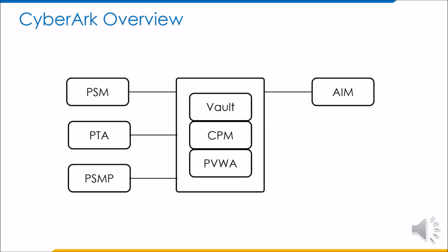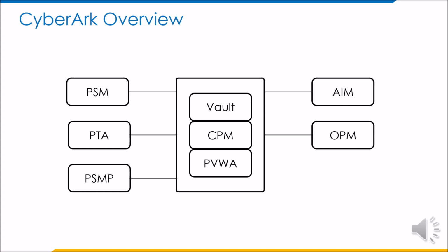The Application Identity Manager or AIM is a component that allows applications to use privileged accounts to perform their tasks. The configuration of which applications are allowed to use which privileged accounts is also performed.